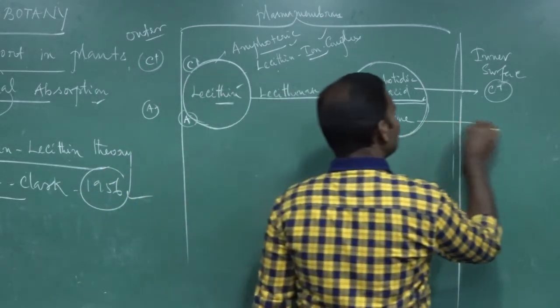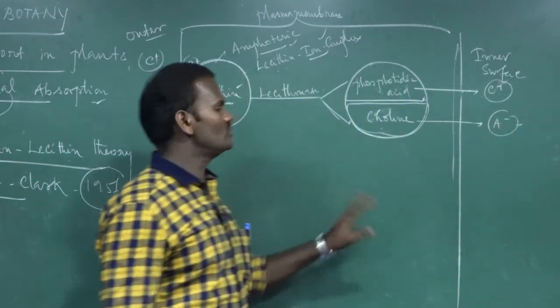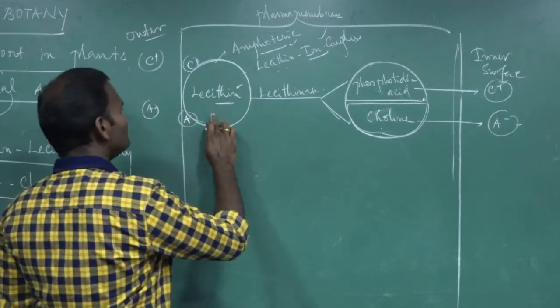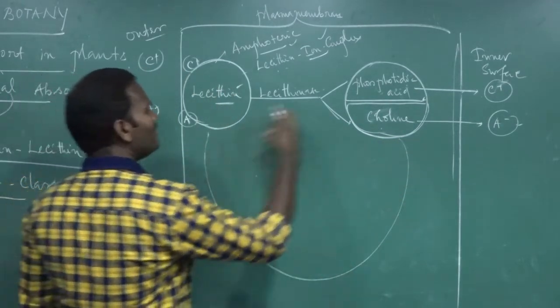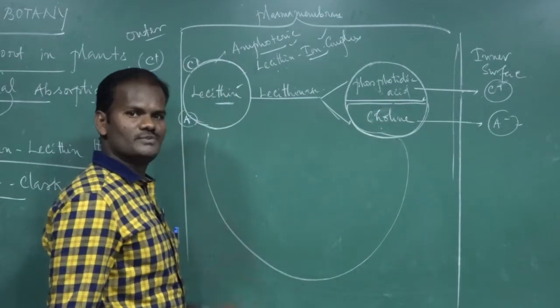This choline part liberates negatively charged anions into the surface. So now again the lecithin is regenerated from the phosphatidic acid and the choline in two steps.